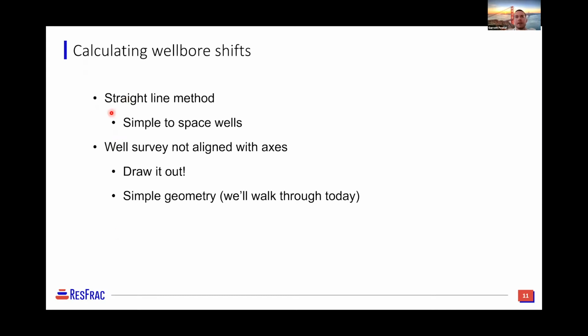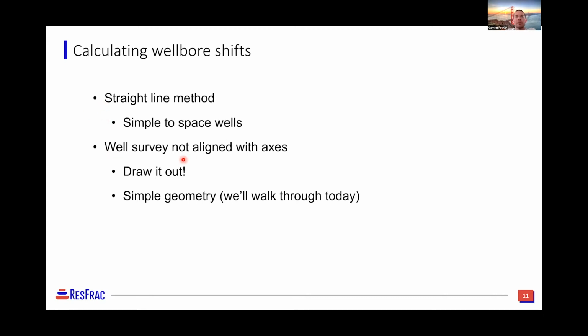If you just have straight lines representing your wells, doing a well spacing sensitivity is probably pretty trivial and straightforward to think about. You would have a well, say, along the y-axis at an x position of 200, and then you could just put another one at 600, another one at 1,000, and you'd have 3 wells spaced 400 feet apart.